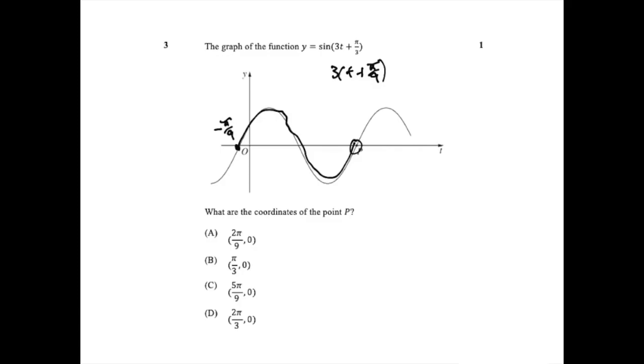Our period is 2 pi over 3. So the x value of P will be 2 pi over 3 minus that phase shift, pi over 9. So the correct answer here is C.